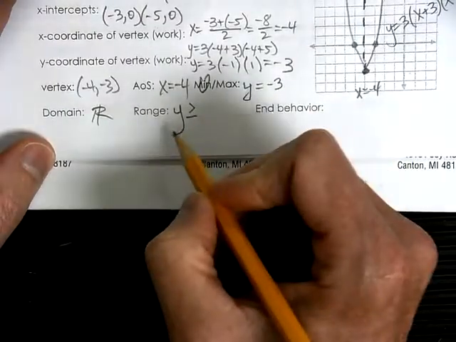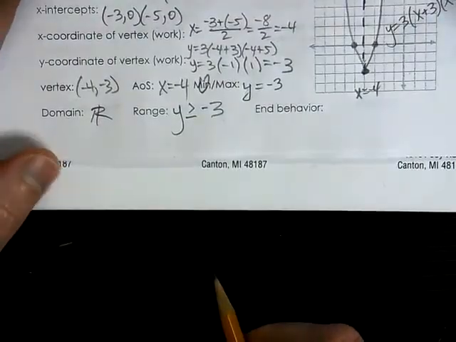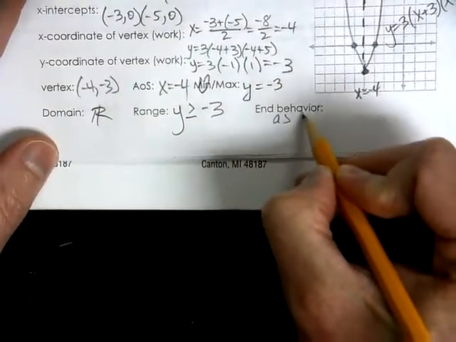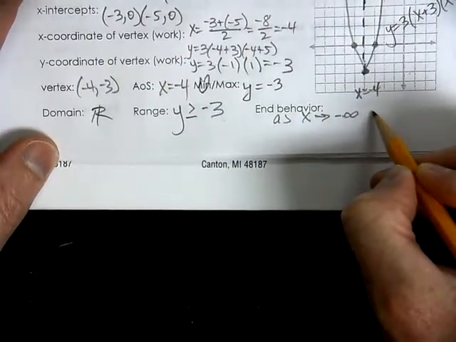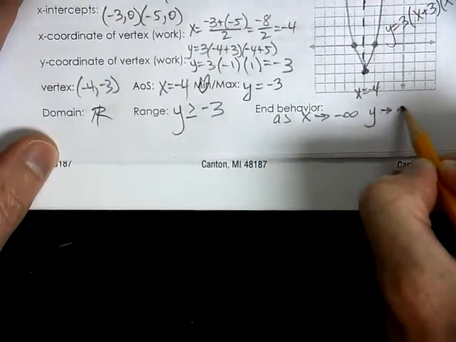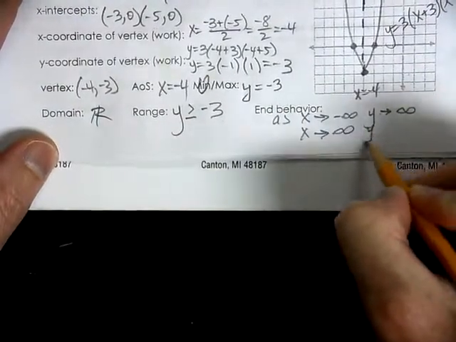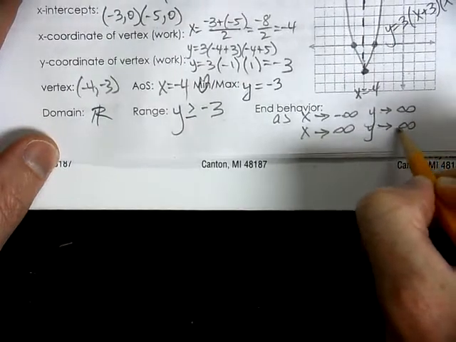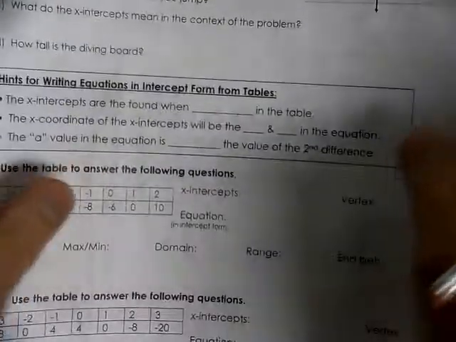The range is greater than or equal to the vertex's y value, and the graph goes up all the time. So we flip our sample over.